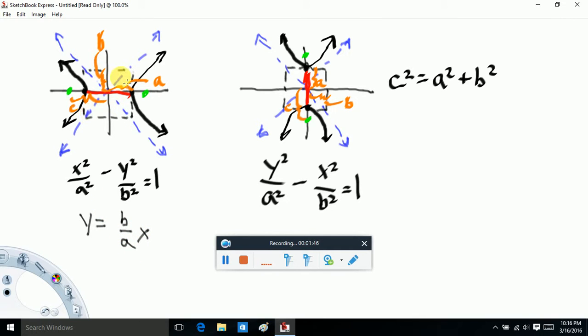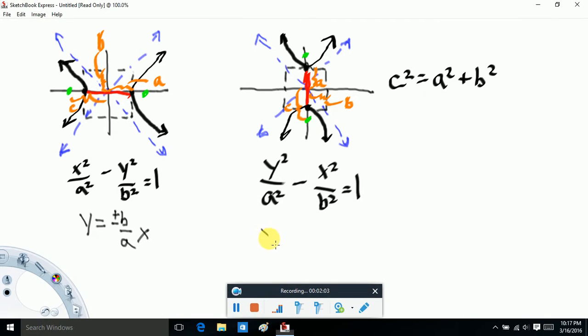There are two asymptotes. One has a positive slope, the other has a negative slope. So that's the equation of the asymptotes if your transverse axis is horizontal.